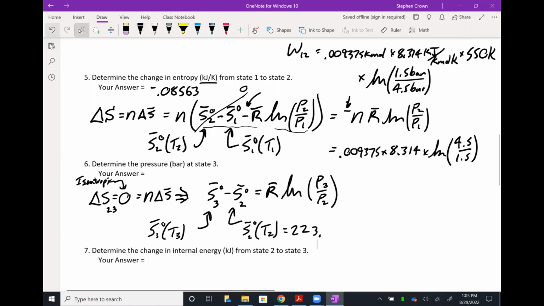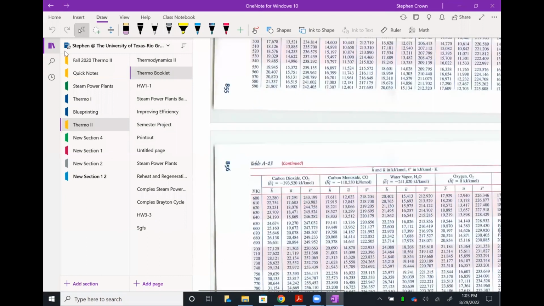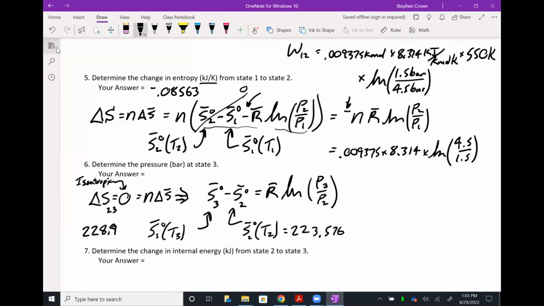So if we go to our tables, going back to the booklet, down to 650, which is our temperature at state 3, we find it's 228.932, and again this is kilojoule per kilomole Kelvin. Okay. So now I have those values. I have that R bar is 8.314.